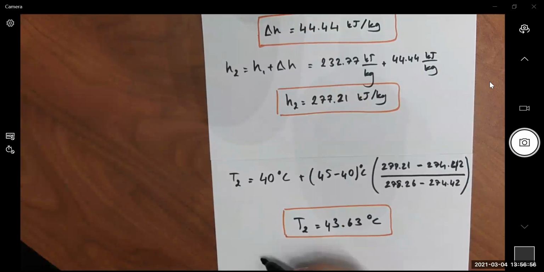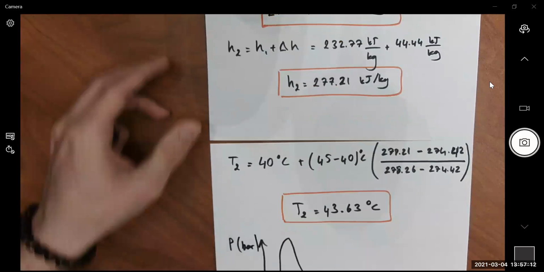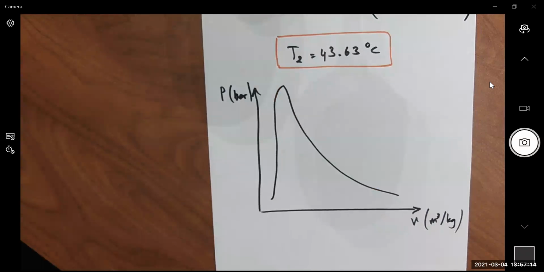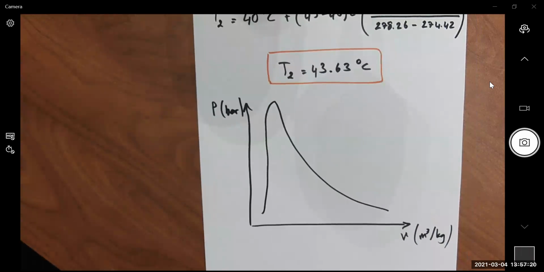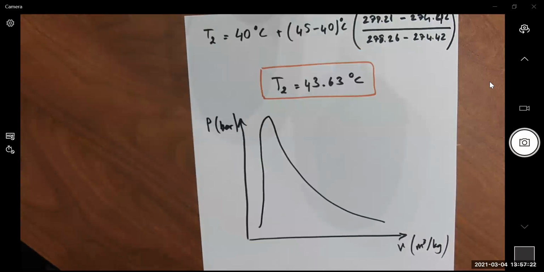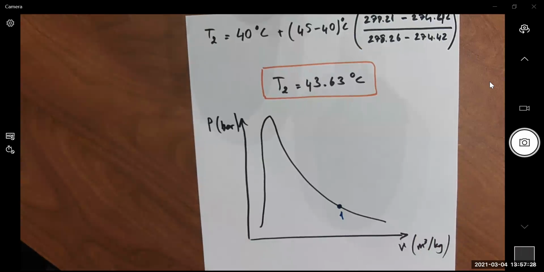Okay. If we show this on a PV diagram, pressure in bar versus meter cubed per kilogram. I start somewhere around here. It's a saturated vapor.